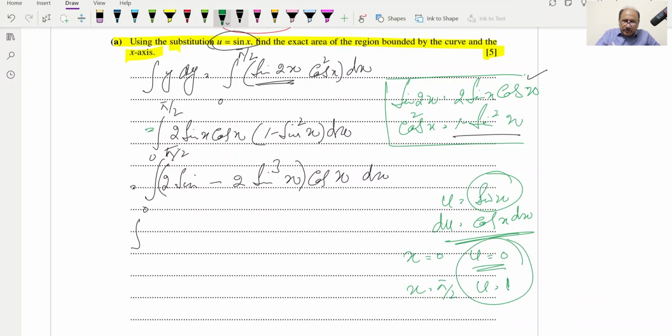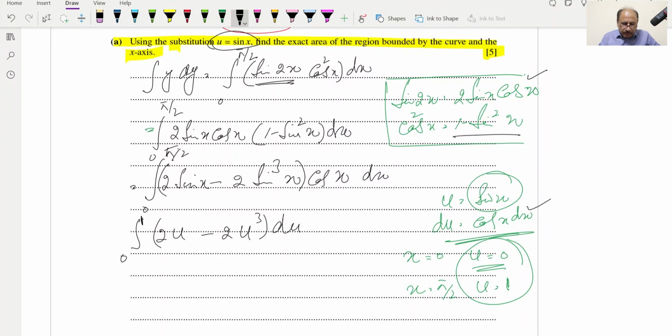So our changed limits will be 0 to 1, and this will be 2u, this should be u over here, we missed it. So 2u minus 2u cubed, and cos x dx is du, so we will write du here.